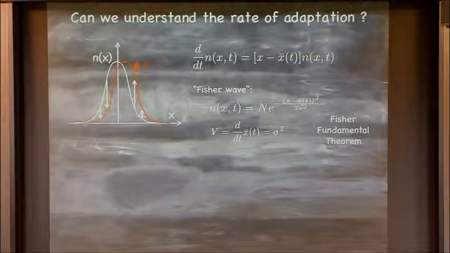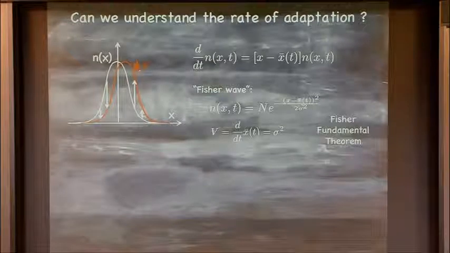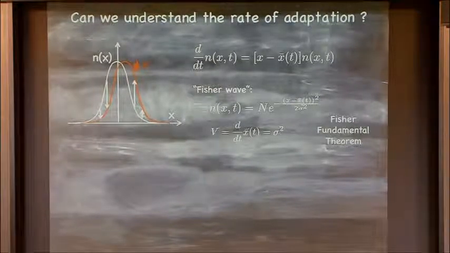Basically tells us that the number of individuals above the mean is going to go up, the number below the mean is going to go down, and the whole thing is going to translate to the right with some velocity, where this velocity is basically the rate of increase, in this case, of the mean fitness.